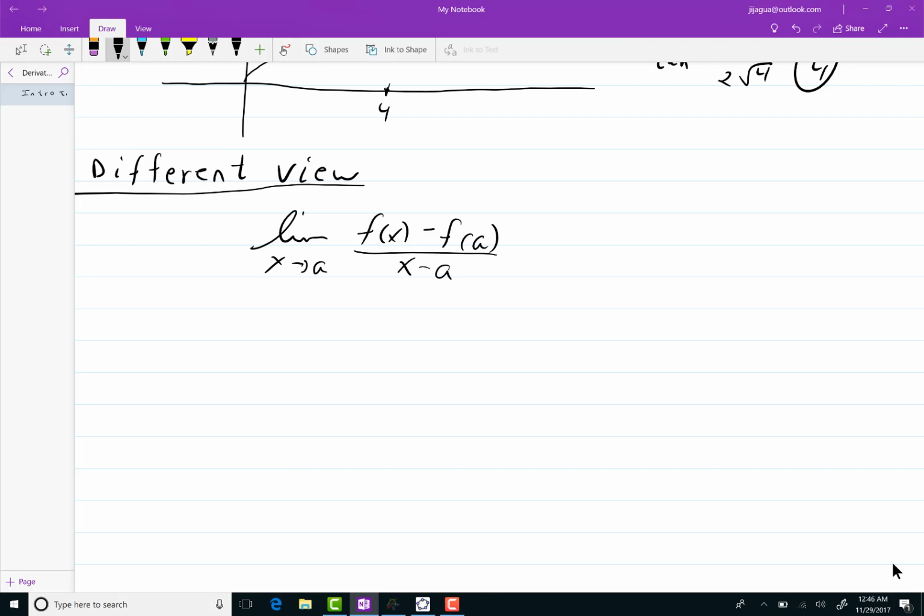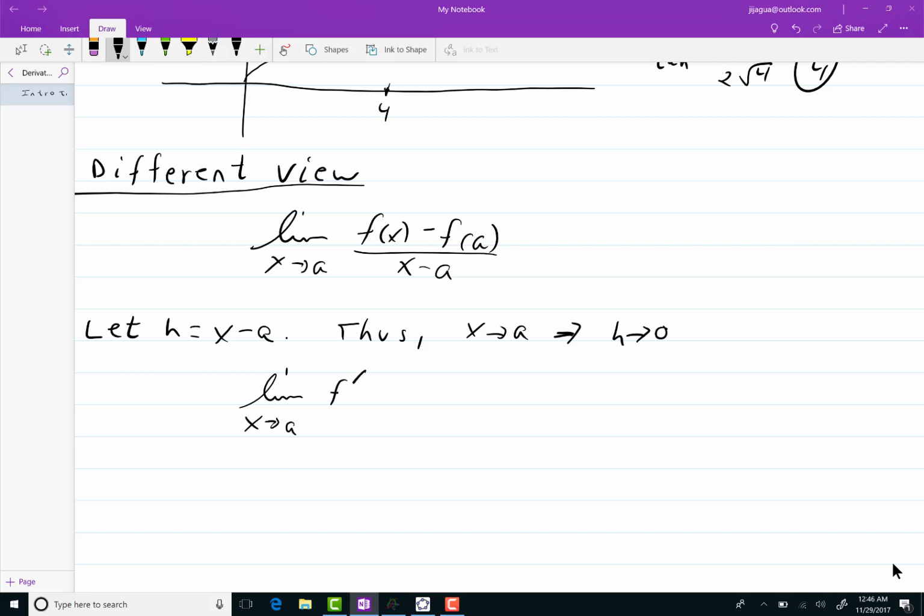I'm going to let h equal x minus a. Thus, as x goes to a, h goes to 0.